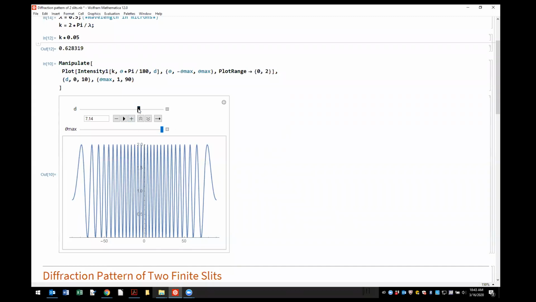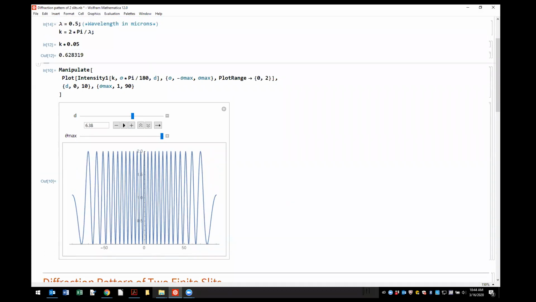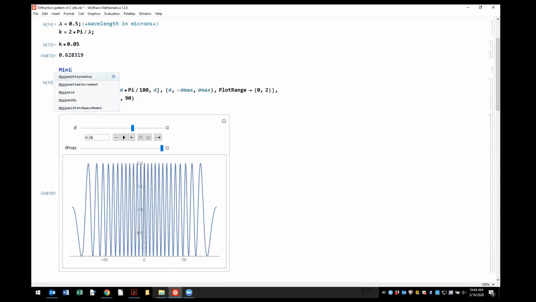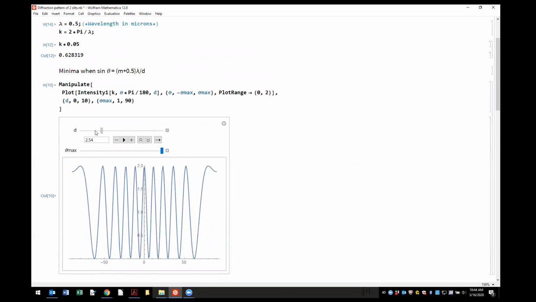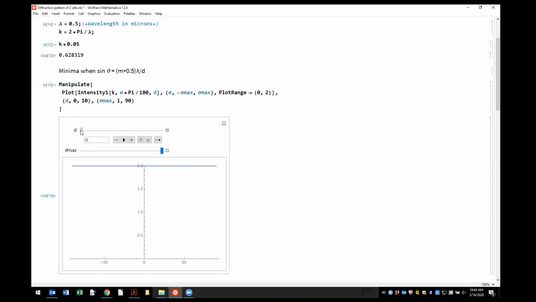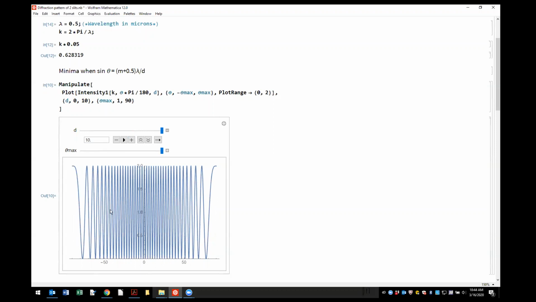So what I was trying to take away is that you get interference minima when sine theta equals m plus 0.5 times lambda over d. So for large d, we get a whole lot of these. For small d, we get few of these. So what that means is that for large d, we get so many of these that you won't resolve any structure.